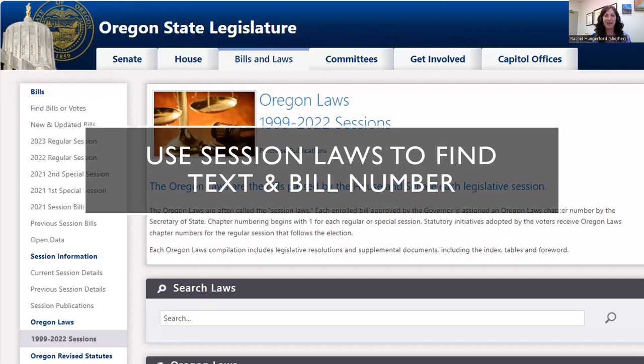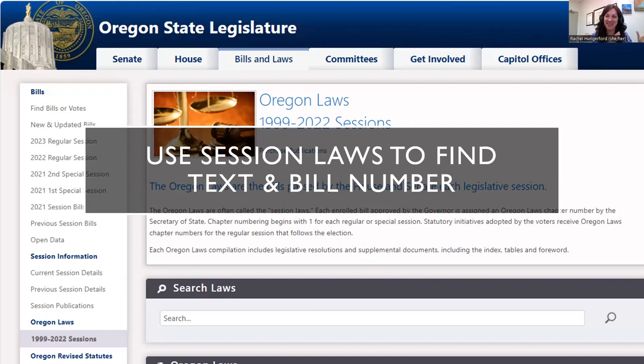So again, I think the mechanics of how you find legislative history can be what intimidates people the most. And I'll go through some of those mechanics in a way that hopefully doesn't put everyone to sleep, though I recognize not everyone nerds out on these things.